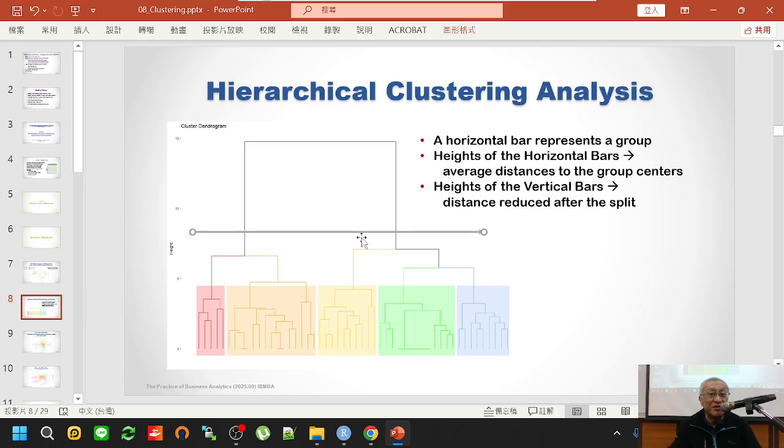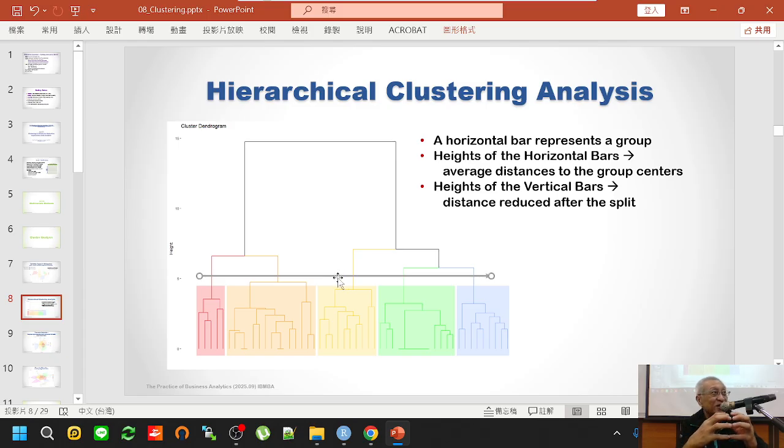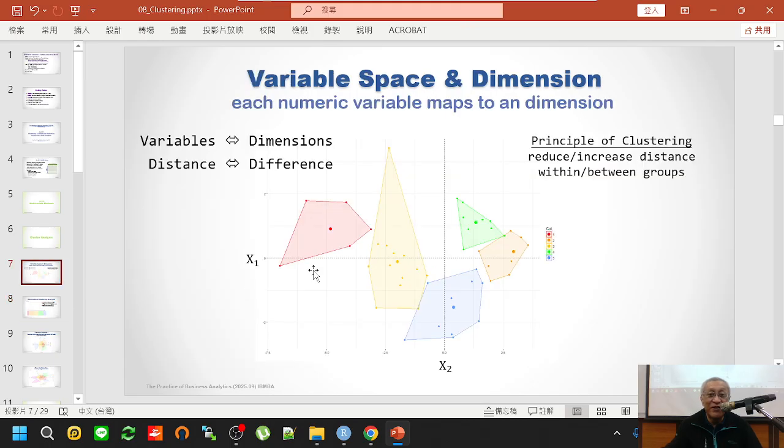And you will repeat this algorithm again and again. In this way, the more groups that you divide, the smaller the distance of the subjects to the center of the group will be. As we can see here, if I divide it into 5 groups, this is the case, right?